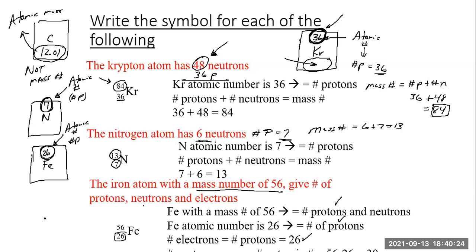And to find our number of neutrons, we take our mass number, which was 56, minus our atomic number, which was 26, and we end up with 30 neutrons in this particular case. Any questions on how to figure out protons, electrons, neutrons, mass number, atomic number? Okay.